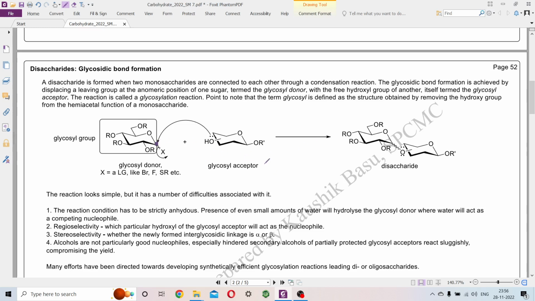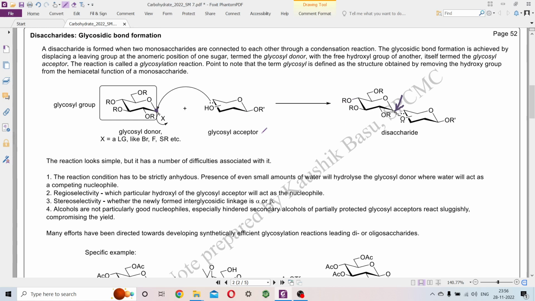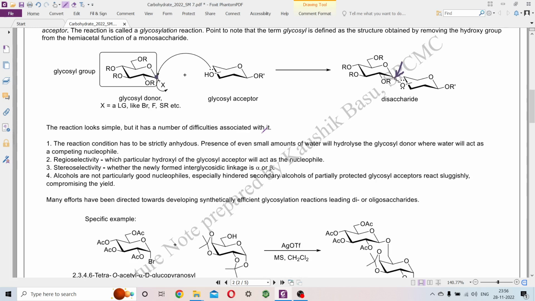And from the glycosyl acceptor, you are giving a free hydroxyl which reacts in the glycosylation reaction, so that you make a glycosidic bond here and form a disaccharide. So apparently the reaction does not look very complicated, but it's not as simple as it looks. There are a certain number of difficulties associated with it.